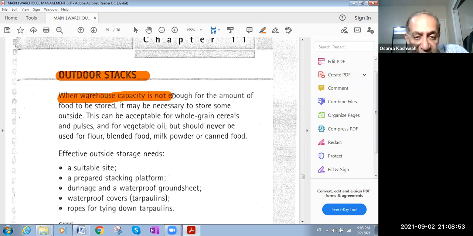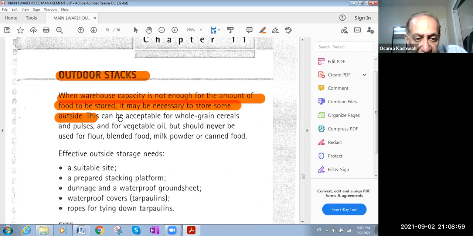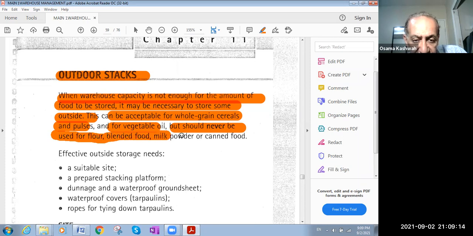Whenever capacity is not enough for the amount of food to be stored, it may be necessary to store some outside. This can be acceptable for whole grain cereals and pulses, and for vegetable oil, but should never be used for flour, blended foods, milk powder, and canned foods. So don't do this.